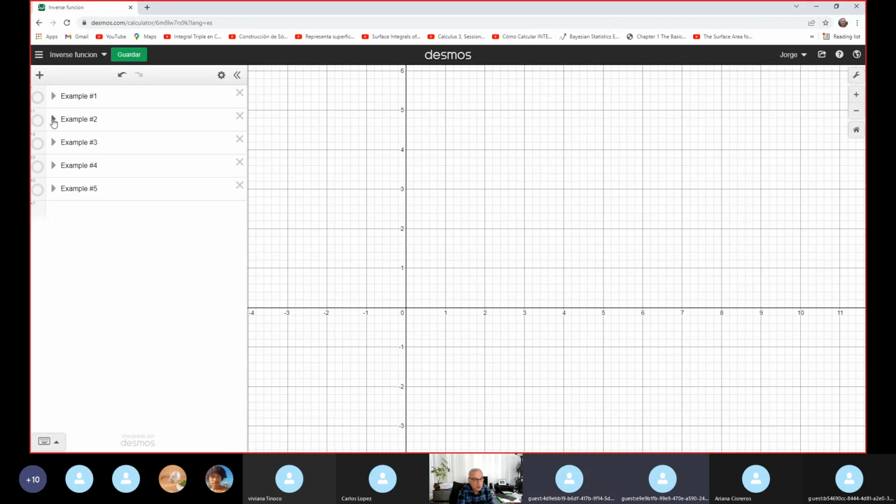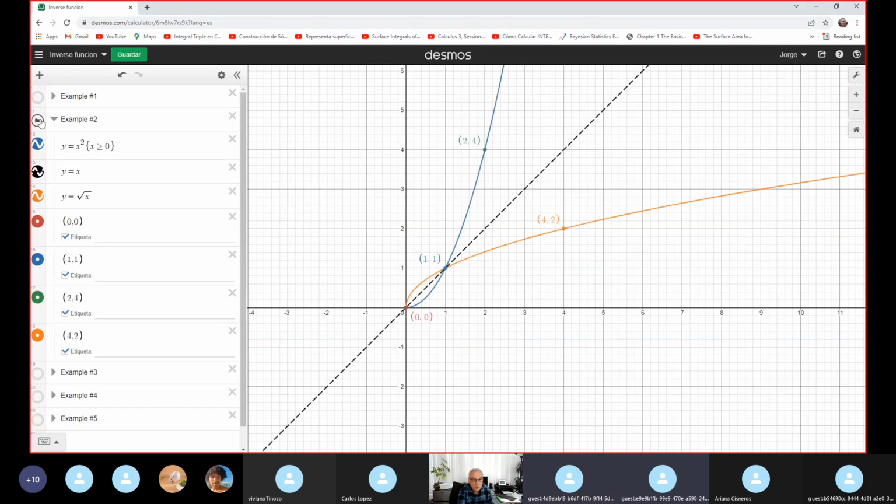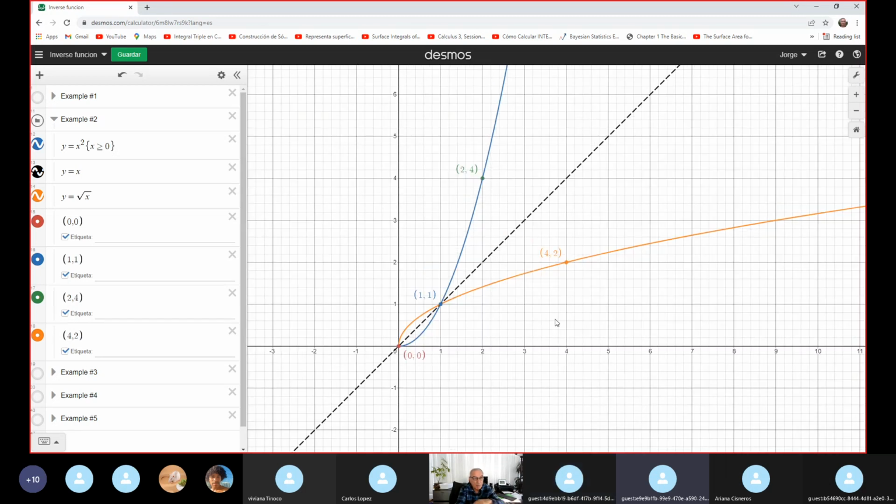The example 2 now is, boom. Look at that. Okay, and in the blue color, we have the famous parabola, or not parabola, half of a parabola, no? Because we need the one-to-one, no? In orange, I have the famous square root function that everyone knows very well.